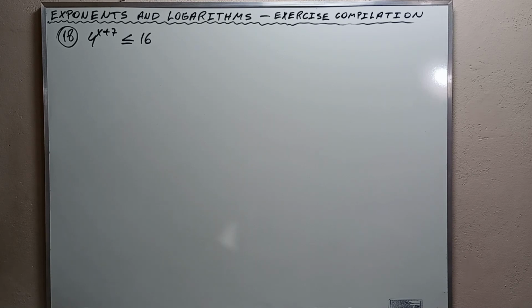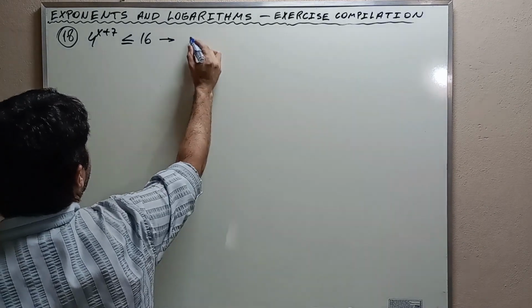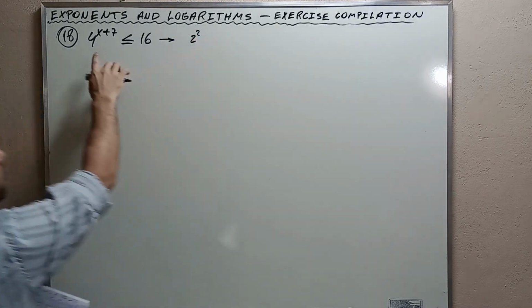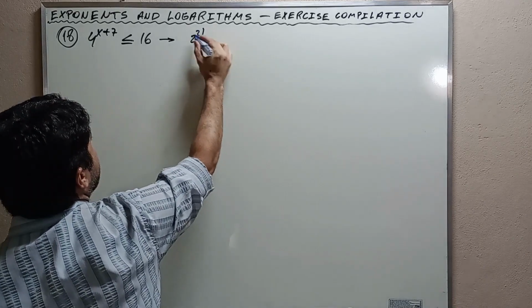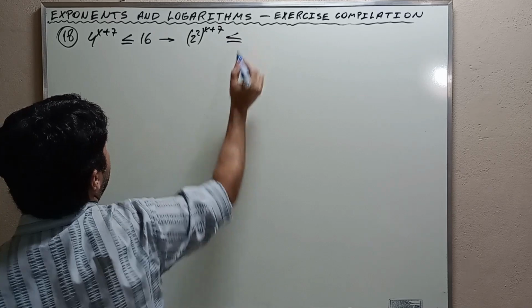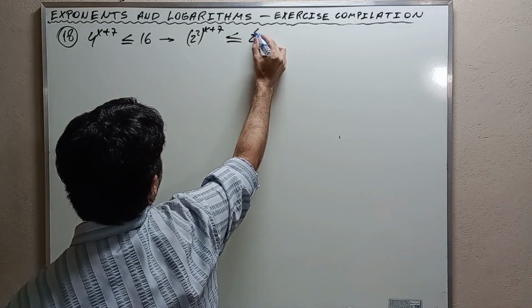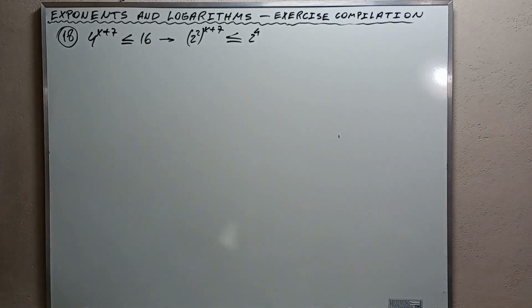The solution is this, my friends. Reducing both sides to the base 2, we get that it is 2 squared, because 4 is 2 squared, raised to the power of x plus 7 less than or equal to 2 to the 4th. Okay, 16 is 2 to the 4th.